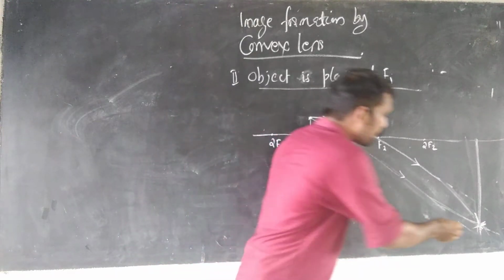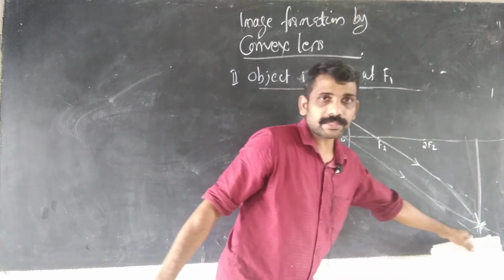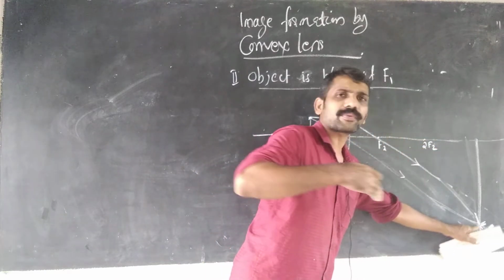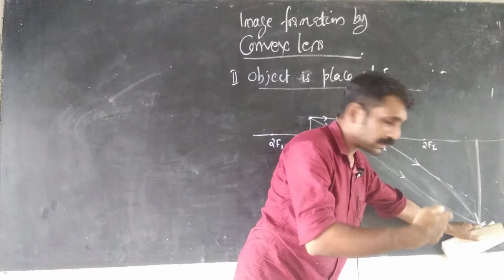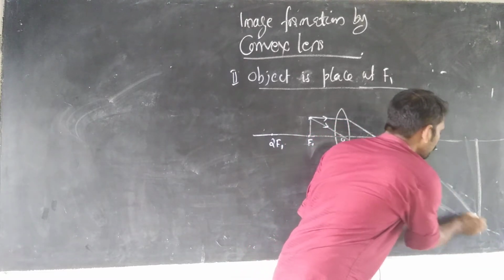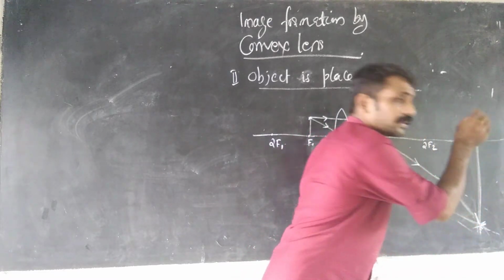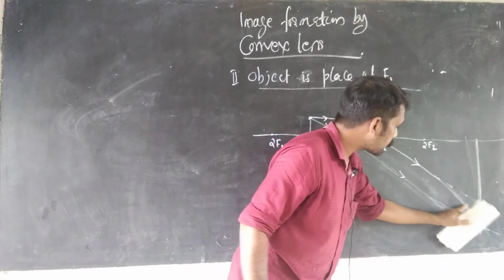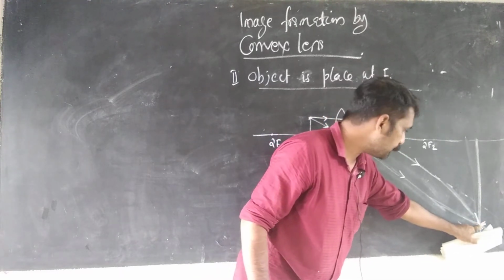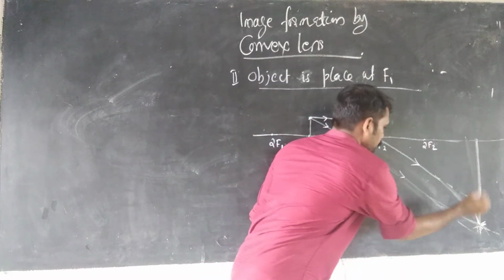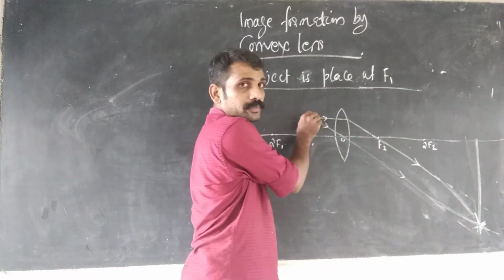Understand? So suppose this is infinity, a very high distance, a very long distance. Suppose these are the two rays which are intersecting at infinity. These two rays are coming from the head of the object.